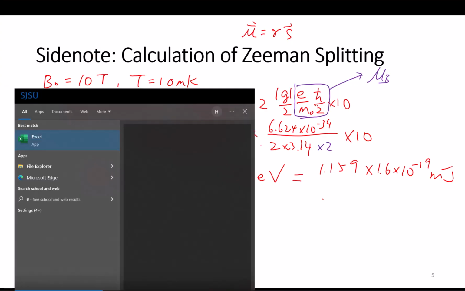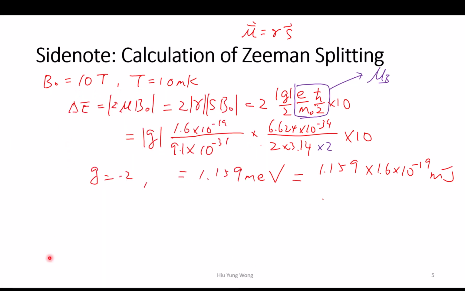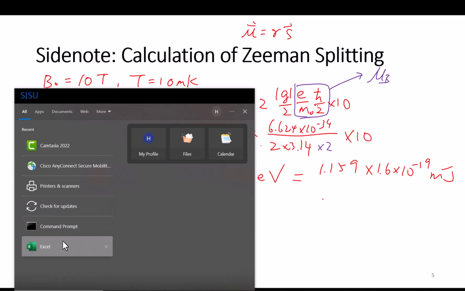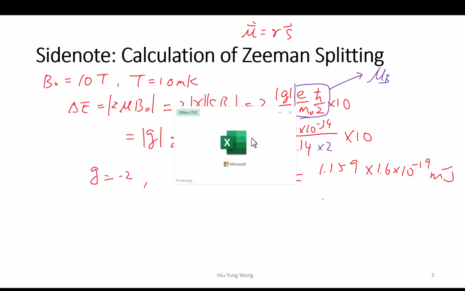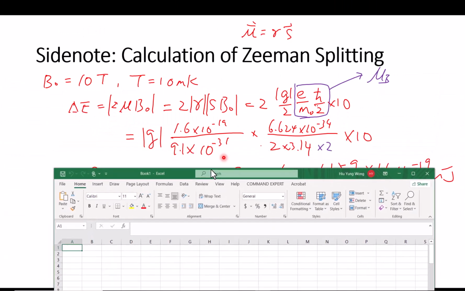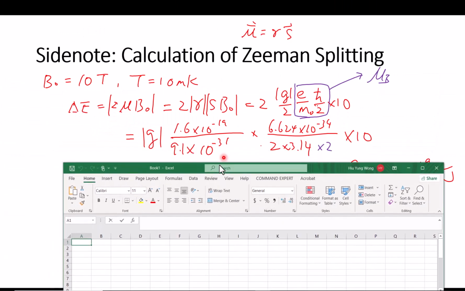Actually, I always say my class is like a tutorial, right? I really want you to get everything in the class instead of going back. Of course, you're supposed to go back to study. Let's just plug in the number. 1.6 times 10 to the power negative 19, divided by 9.1 times 10 to the power negative 31.